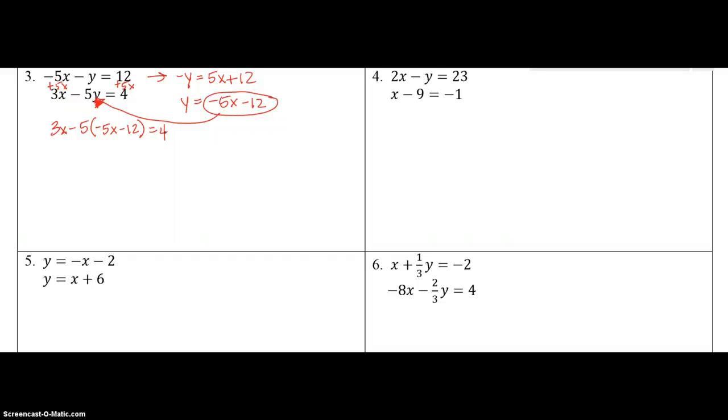So if we solve, we're going to distribute that -5. We get 3x. Then a negative times a negative is a positive 25x. A negative times a negative is a positive once again, 60, equals 4.